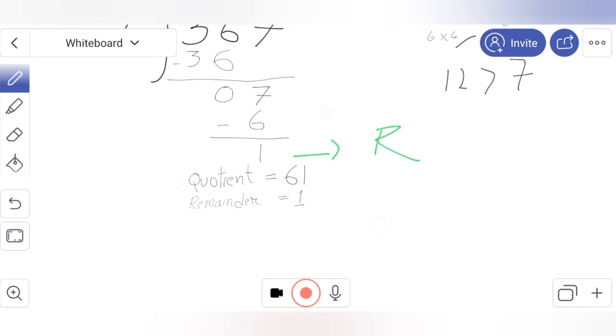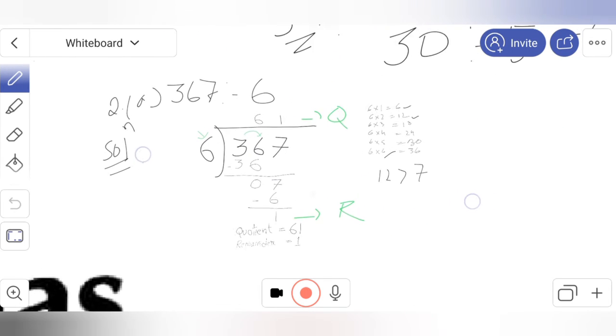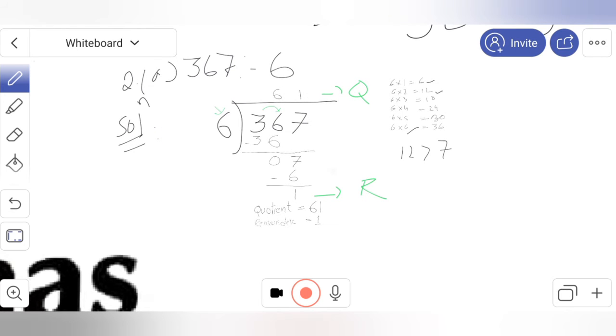Okay, so this is how you have to write. This is how you have to do the division. You have to search for a number so that you can multiply.